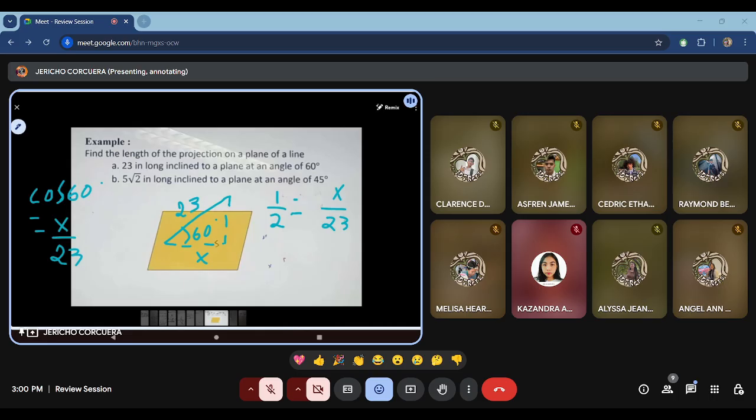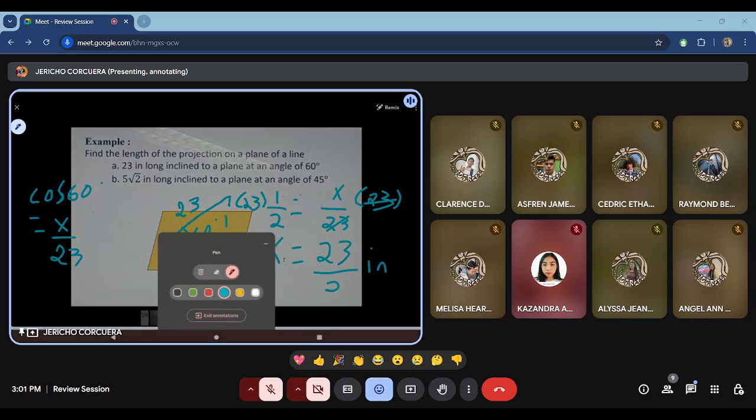To isolate x, we have to multiply by 23. So the length of the projection is equal to 23 over 2 inches. So that's it. Next example.